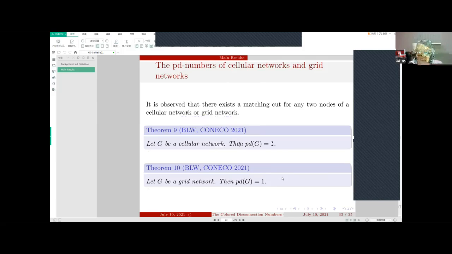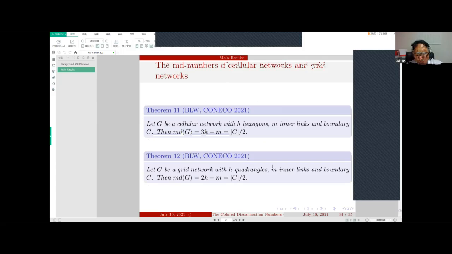For the MD, monochromatic cuts, you need 3H minus M. 3H is the number of hexagons you have in the network, M is the inner links, and C is the boundary.